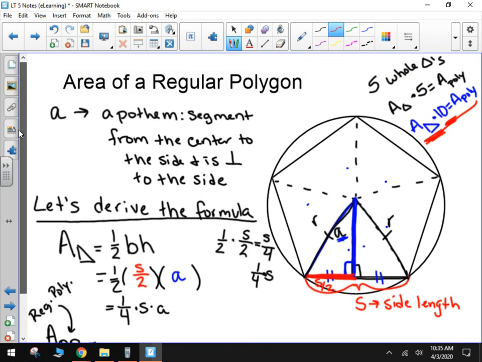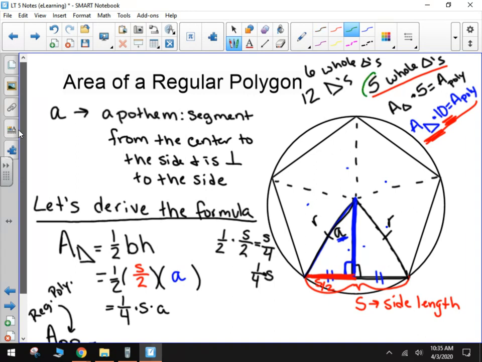Okay, we know in pentagons there's going to be 5 whole triangles, which makes 10 half triangles, so 10 right triangles. But let's say if it was a hexagon, I would have 6 whole triangles, which would give me 12 right triangles. Okay, so hopefully you're seeing a connection.